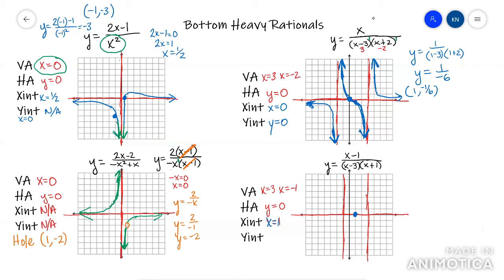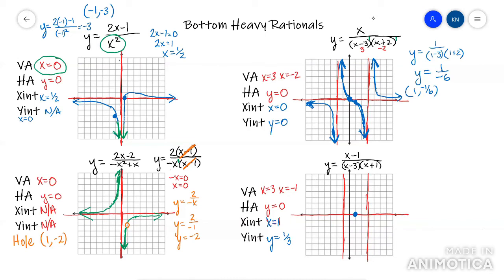Now the y-intercept, go plug in 0 for your x's. If you did that, you would get -1 over -3 times 1. So the y-intercept is -1 over -3 times 1, which is 1/3.